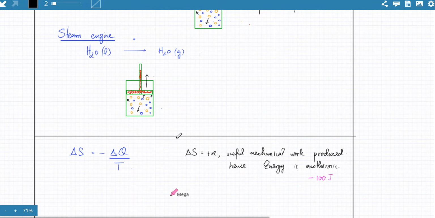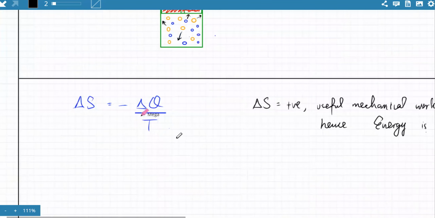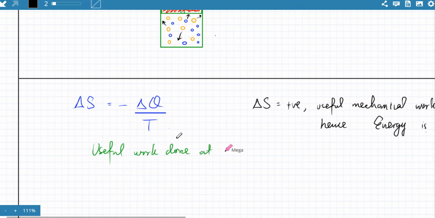So entropy is basically, there are two ways of looking at this formula. It's basically the useful work done. That's delta Q. Useful work done at a specific temperature.